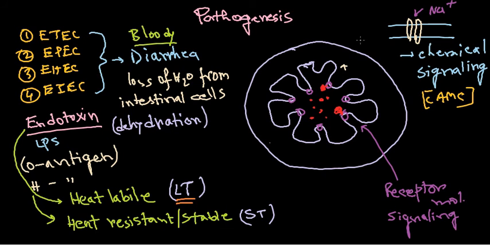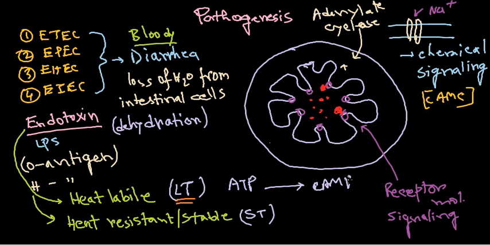So a rise in an enzyme, and that is called adenylate cyclase. As a result of the elevated concentration of adenylate cyclase, which is an enzyme that converts ATP into cyclic AMP. So the role of this adenylate cyclase is to convert ATP into cyclic AMP.